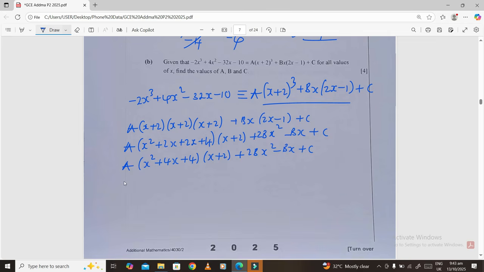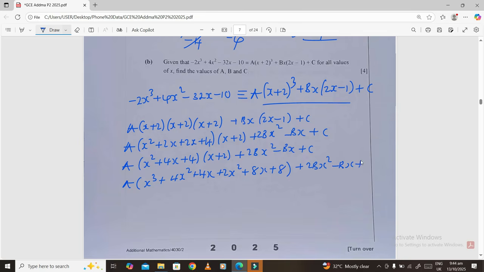We simplify here, we're getting x power 3. We multiply here, this by this, this by this, it's 4x power 2, this by this, it's 4x, this by this, that's 2x power 2 plus 8x, this by this, plus 8. So we just simplify.